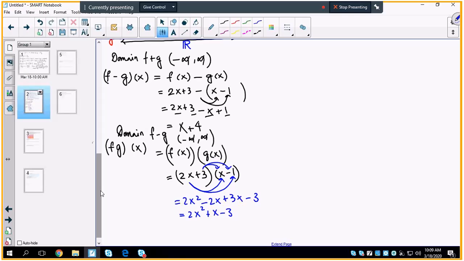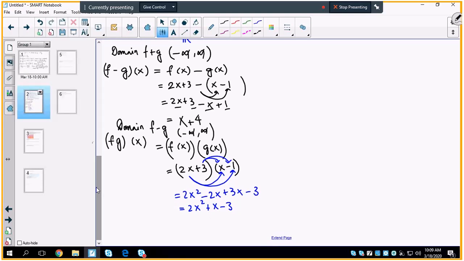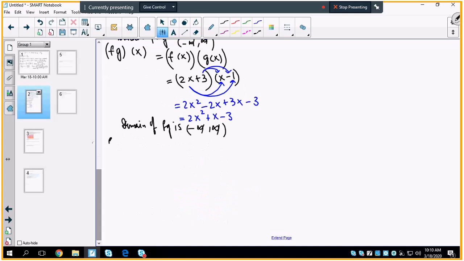And finally, I'm going to wrap it up by writing the domain of f times g. So we'll go ahead and say that the domain of the function fg is negative infinity to positive infinity. F over g is rather easier when I'm talking about the algebraic explicit form of the division of the two functions.